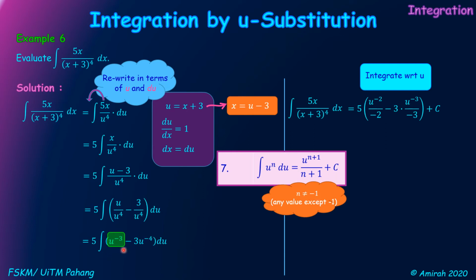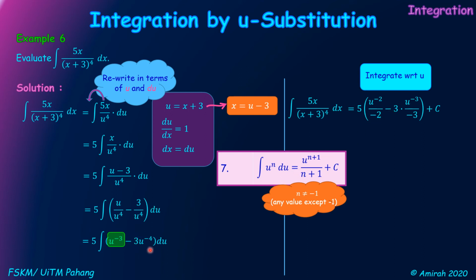Here we have n equals -3, which is not equal to -1, so we can use this formula. We add -3 and 1, so we get u to the power of -2, and then over n plus 1, which means over -2. And then minus, we still have the constant 3 here.